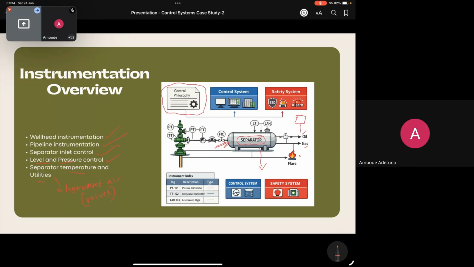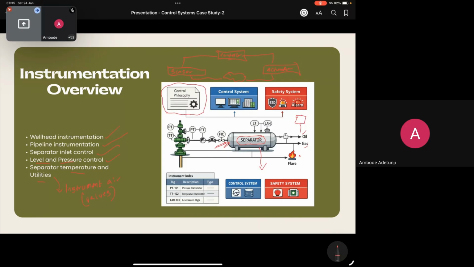right? Recall this diagram, the control loop. You have the controller, you have the actuator, and you have the sensor, and then you have the process in between, like that, right? So this is the sensor, this is the controller, and this is the actuator.